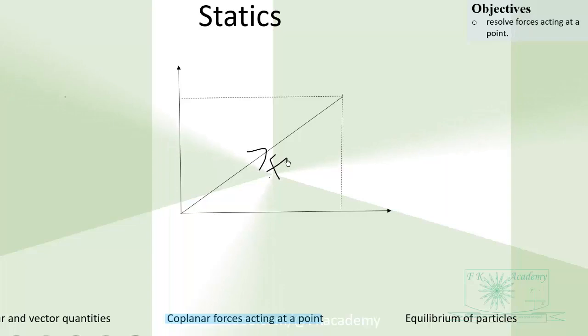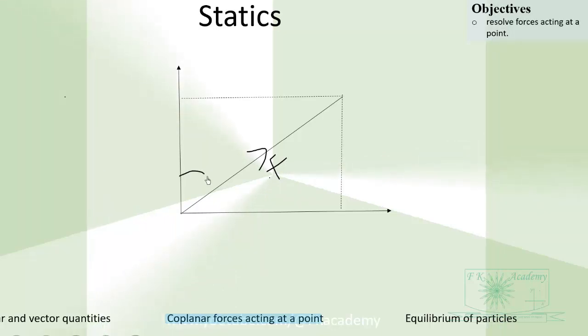So for this video lesson, we are going to consider the direction of the force measured from the vertical axis up to the force. So let's call this the theta. So this is our theta.